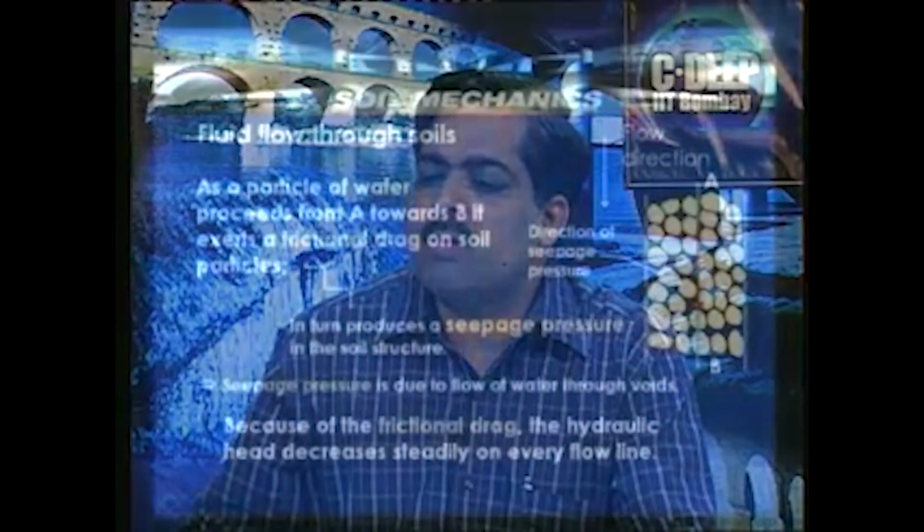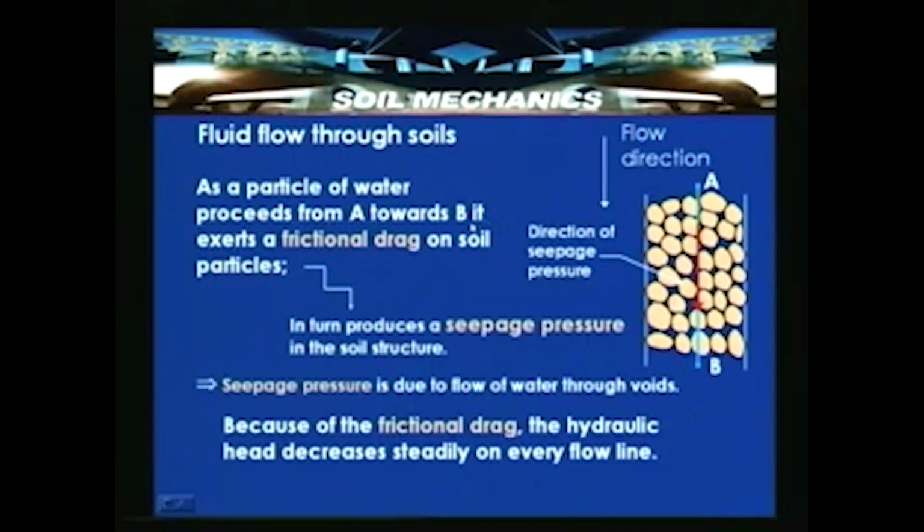As a particle of water proceeds from A towards B, it exerts a frictional drag on soil particles. While inducing the frictional drag, whatever energy the water has to flow through the soil, it will try to dissipate.